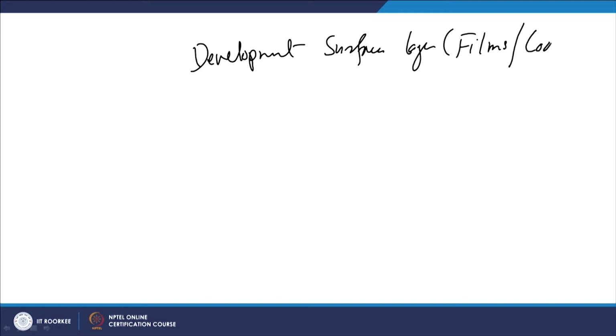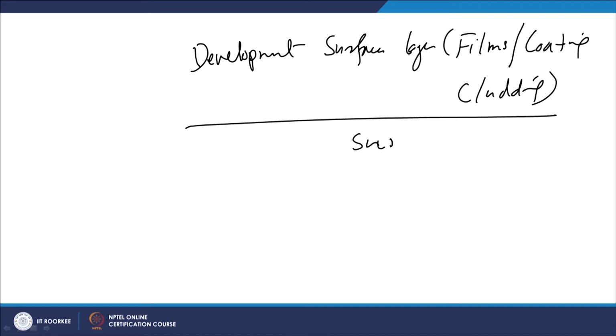Now we will be talking about the third approach of surface modification technique, where the development of surface layers in the form of films, coatings or claddings is used for surface modification.